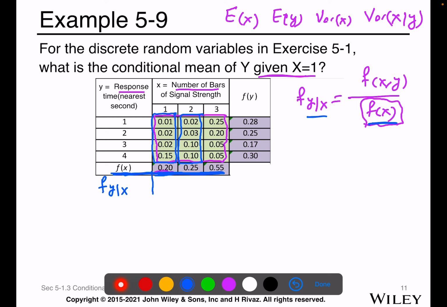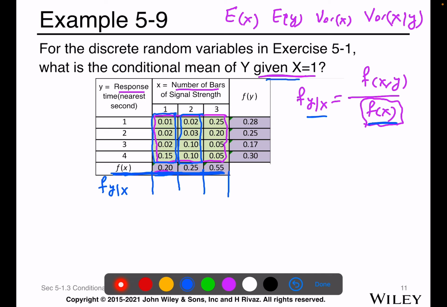We can extend this table. I think I have to write it here.